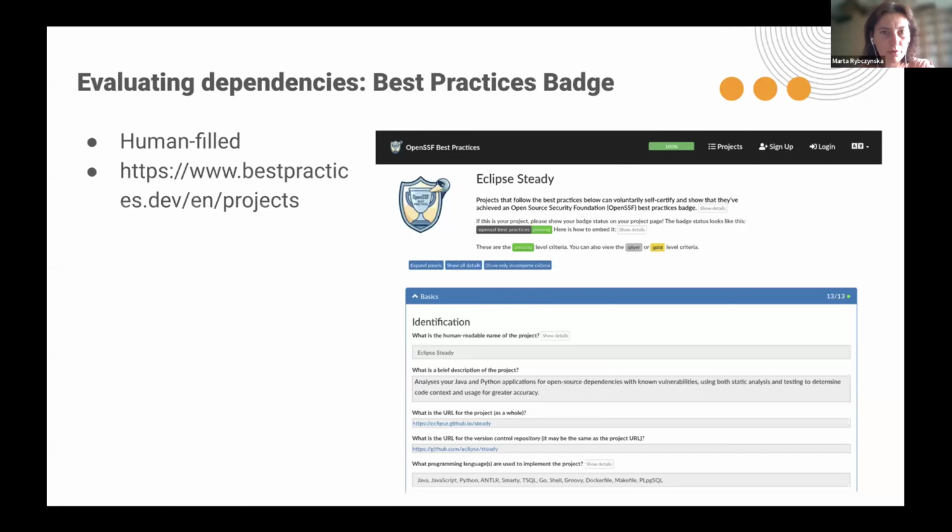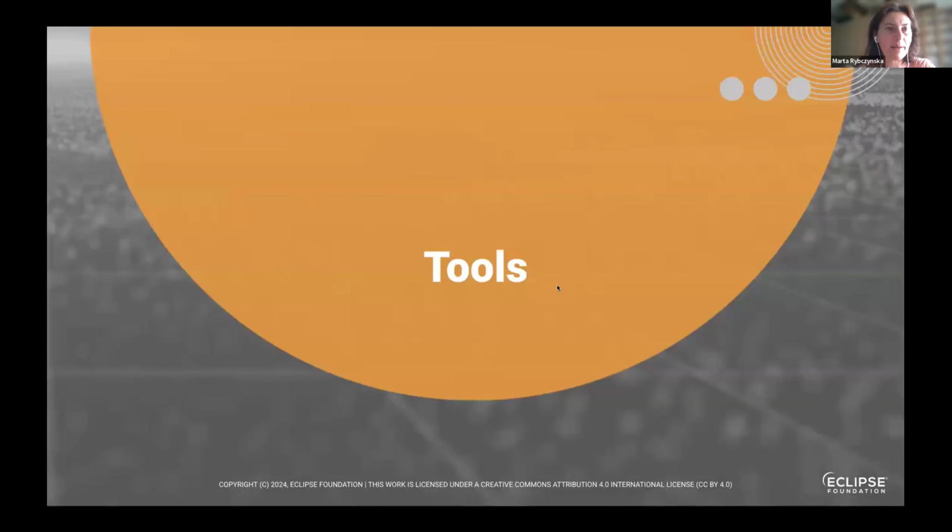I show an example of the Eclipse Steady project that is included, and this is based on a human-filled questionnaire. So you may add your project also to this database if you wish. Next, yeah, and then we do have tools that allow you to work with the dependencies that you already have, and this part will be presented by Joanna.